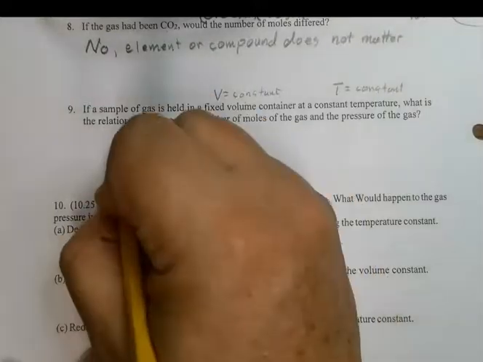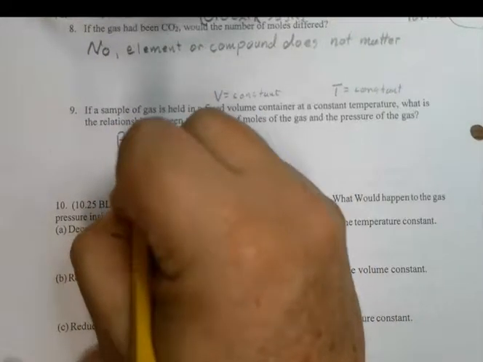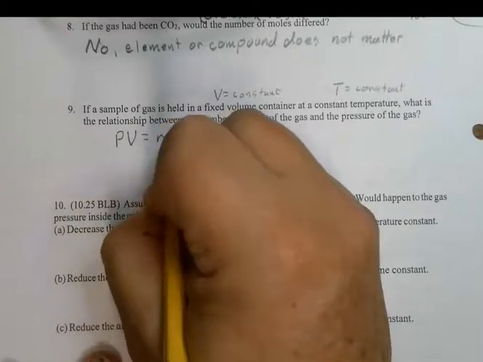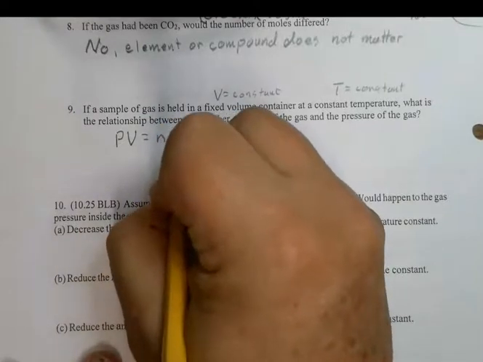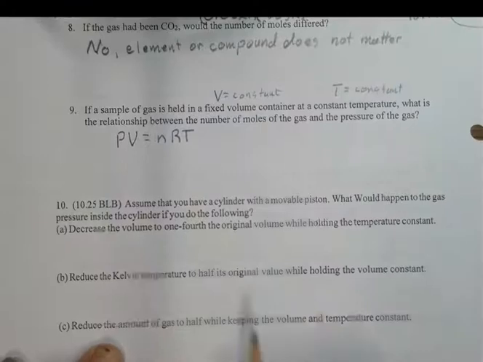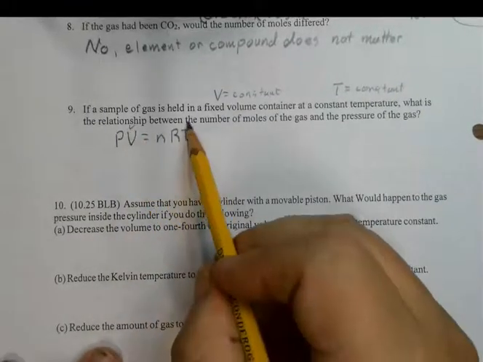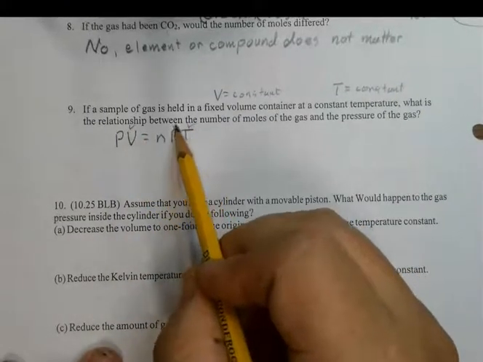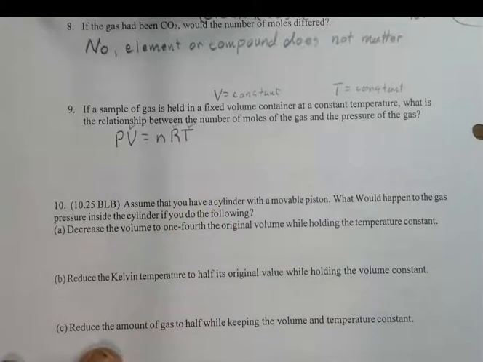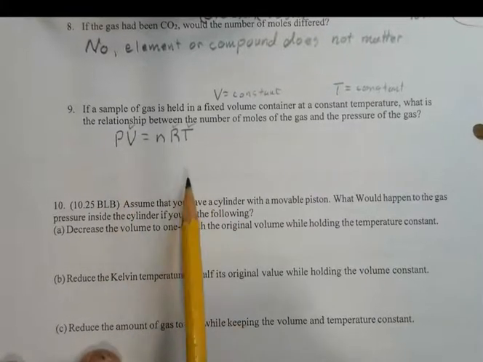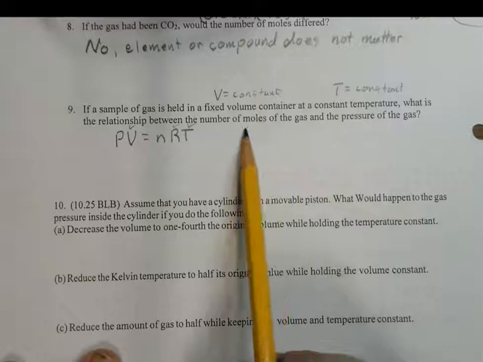So we're going to write PV equals nRT. And we said that volume and temperature are constant, and we know that R is always constant. So what I'm going to do is I want to know the relationship between pressure and moles.